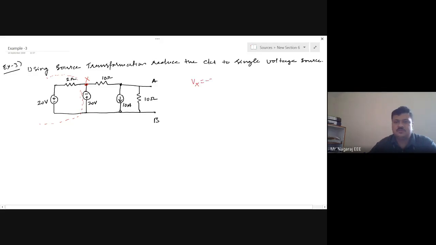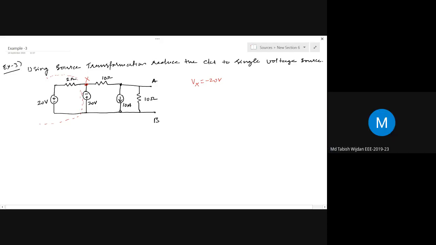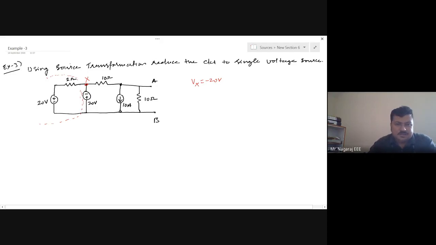Vx is equal to minus 20 volts, because X is connected to the negative terminal of this battery, 20 volts. Yes or no? Yes, sir.